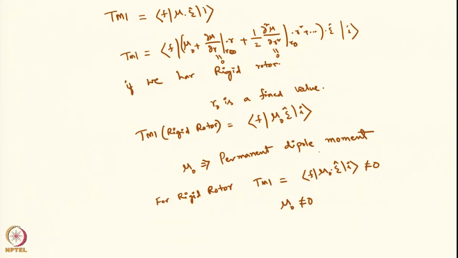That means you can only have rotational transitions if mu naught is not equal to 0. That means the permanent dipole moment of molecules must be non-zero to record rotational spectra. Okay. So TMI equals the integral of F mu naught dot epsilon.